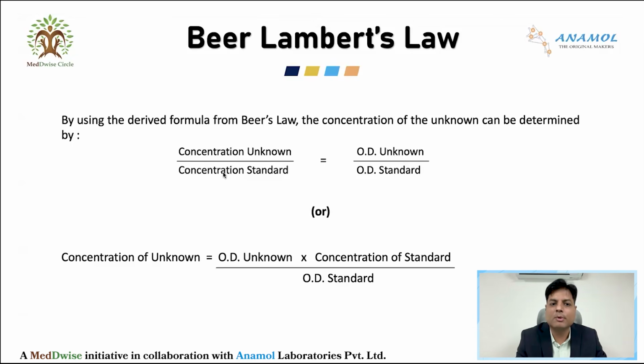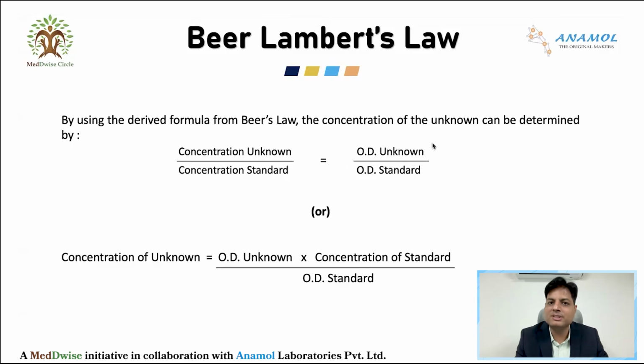So here in this formula, what we will do is we will just put the values over here. Concentration of unknown divided by 100 is equal to 0.5 divided by 0.25. So therefore, concentration of unknown is equal to absorbance of unknown multiplied by concentration of standard, it will go on the opposite side of the equal to sign.